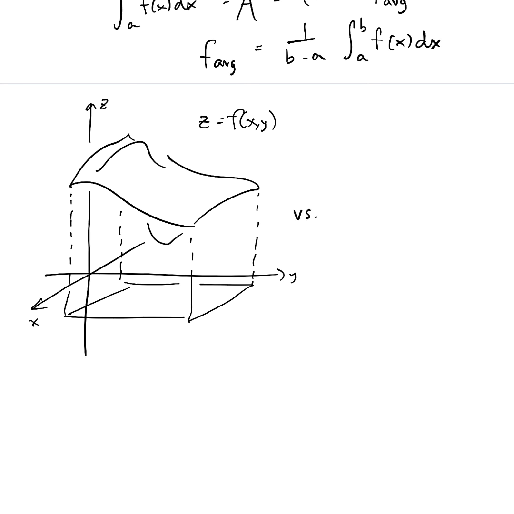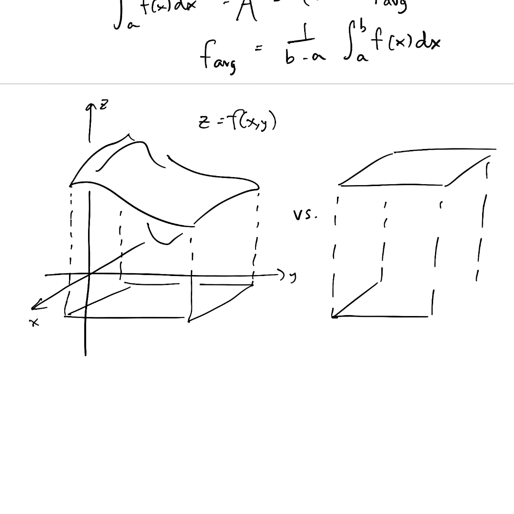And you could compare that drawing to a drawing where the surface was just horizontal, constant height. So this one is just z equals c.